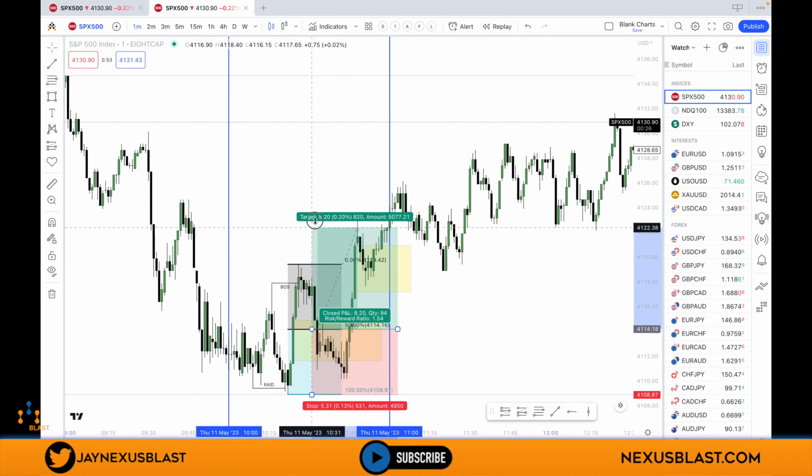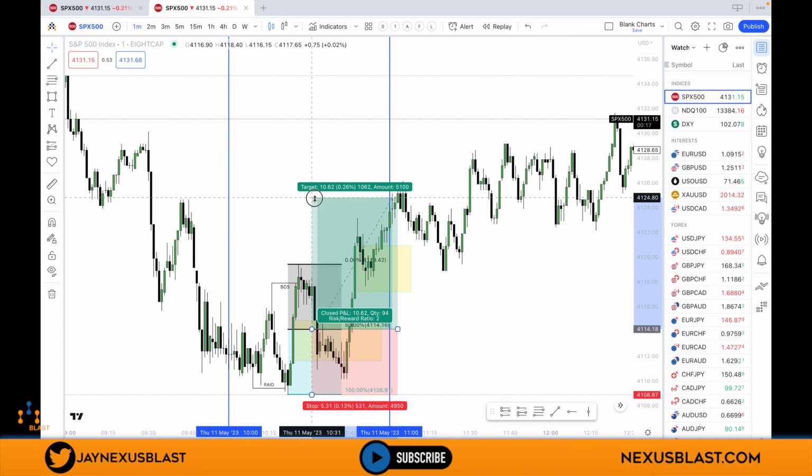And then you would target a higher liquidity area. You have a 1 for 2 on this trade here if you're not pushing it too much, and you see that that is a winning trade.